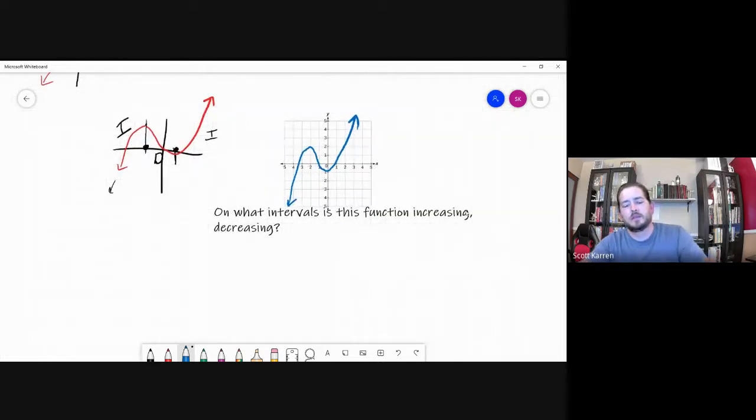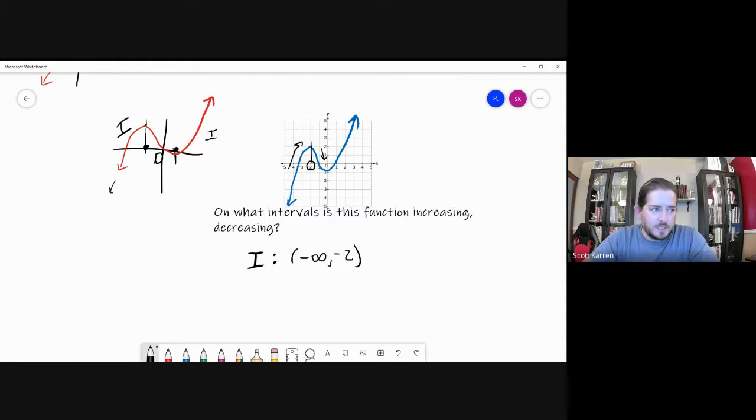Okay. So the intervals are the x values. So all I have to do is identify where this thing goes from increasing, which is increasing here, to decreasing here. That change happens when x is -2. Since it goes forever in the negative direction, I would say it's increasing from -infinity up to -2.